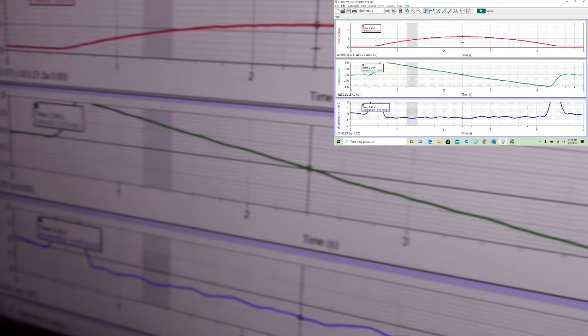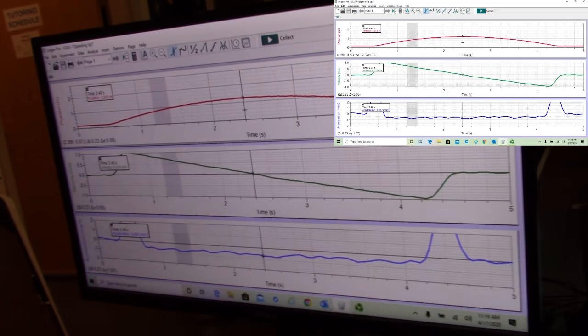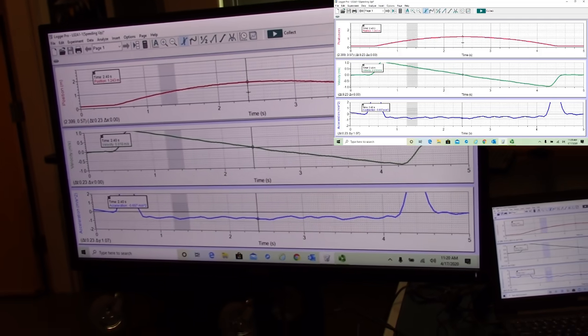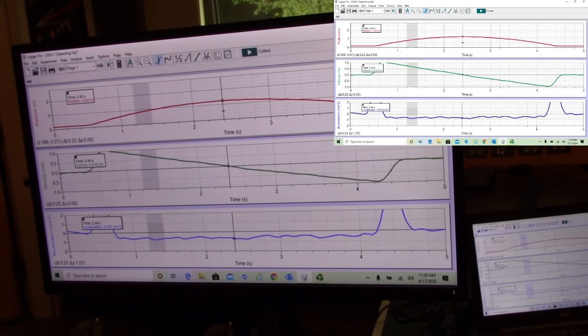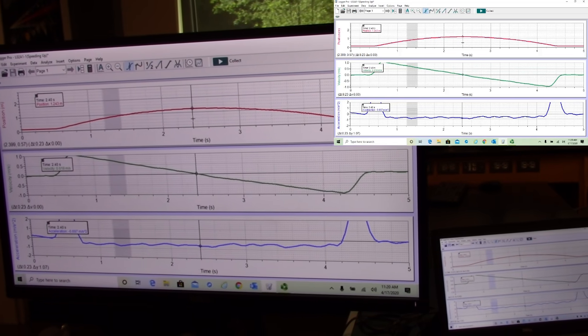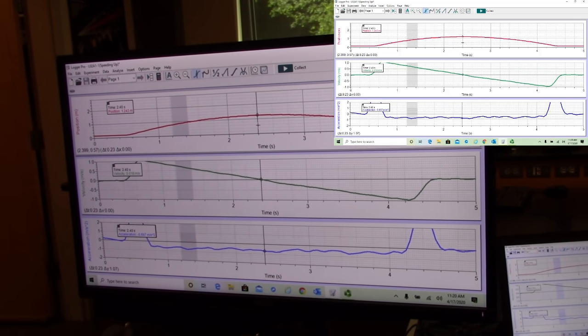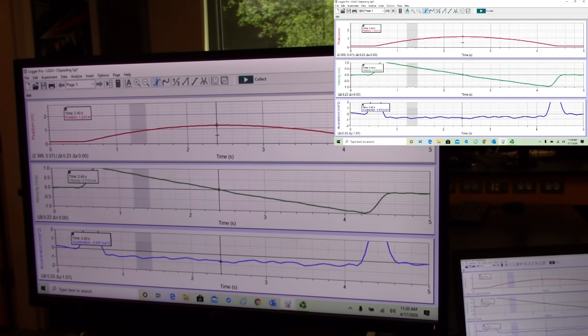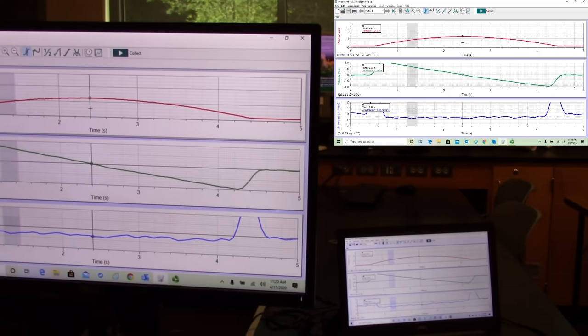Okay, so here's the thing about this. When Logger Pro is taking data, it takes data at a certain rate, which means that it might not actually have taken a data point at the exact turnaround time.